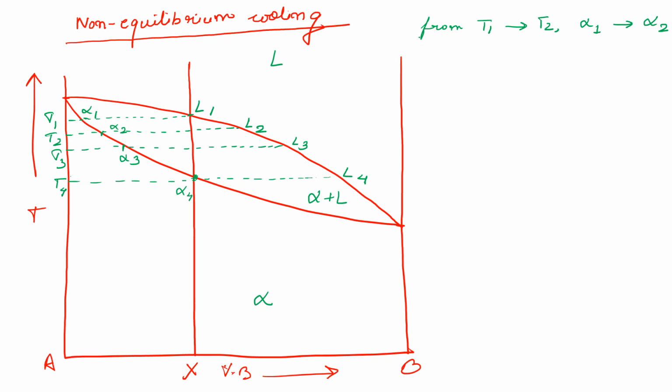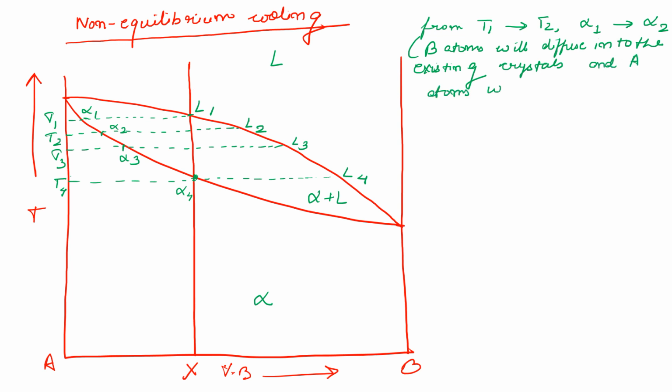So B atoms will diffuse into the existing crystals, and A atoms, on the other hand, will diffuse out, to accomplish the change in composition.